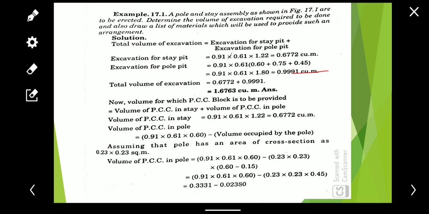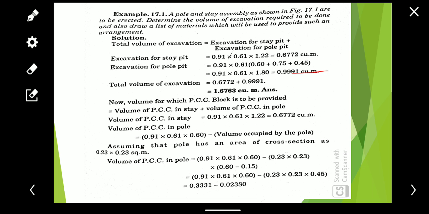So this is the total pole pit. It is calculated in cubic meters as 0.91 into 0.61 into 1.80, which is equal to 0.9991 cubic meter.